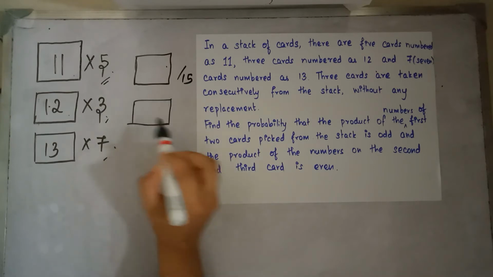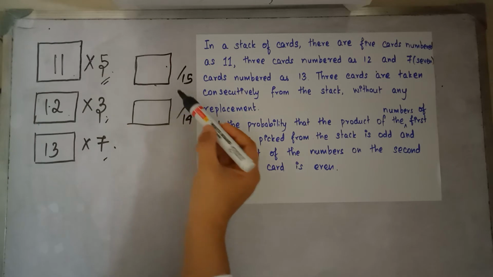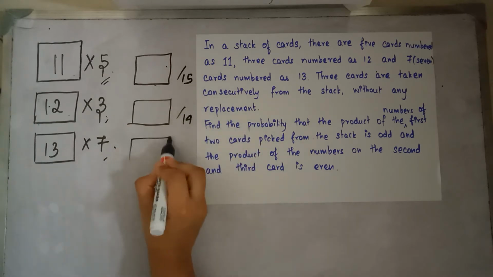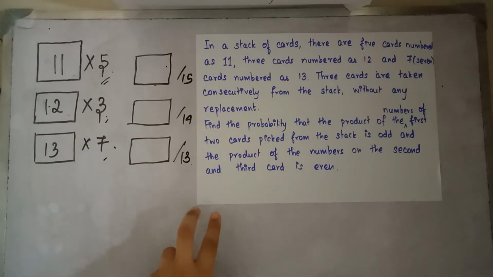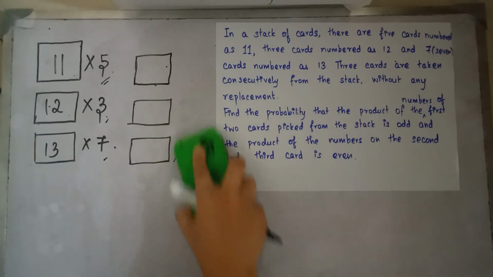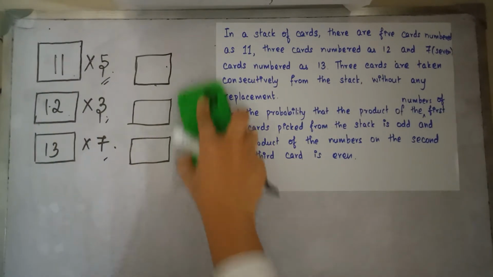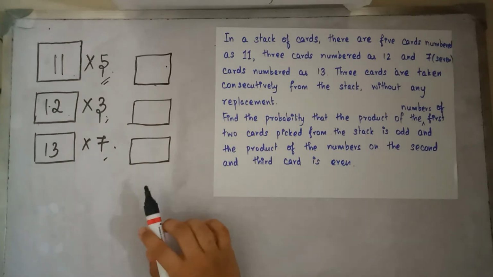But when I'm taking the second card, I'm not replacing the first card, so the total would be only 14. And likewise, for the third time, the total would be 13. So the total decreases each time, and so the order of the cards that are taken really matters. Okay, so I'm taking out 3 cards.